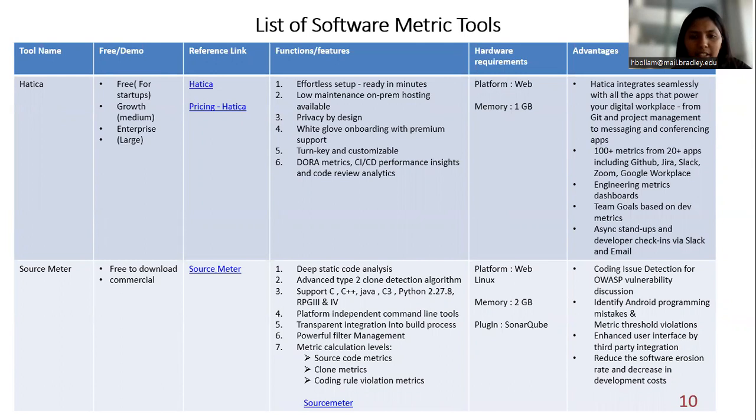It can be extended with clone tracking and clone smells, it is platform independent, and it has transparent integration into the build process and metric calculation at component, file, package, class, method, or function levels. It can be calculated mainly at three levels: source code metrics, clone metrics, and coding rule violation metrics.